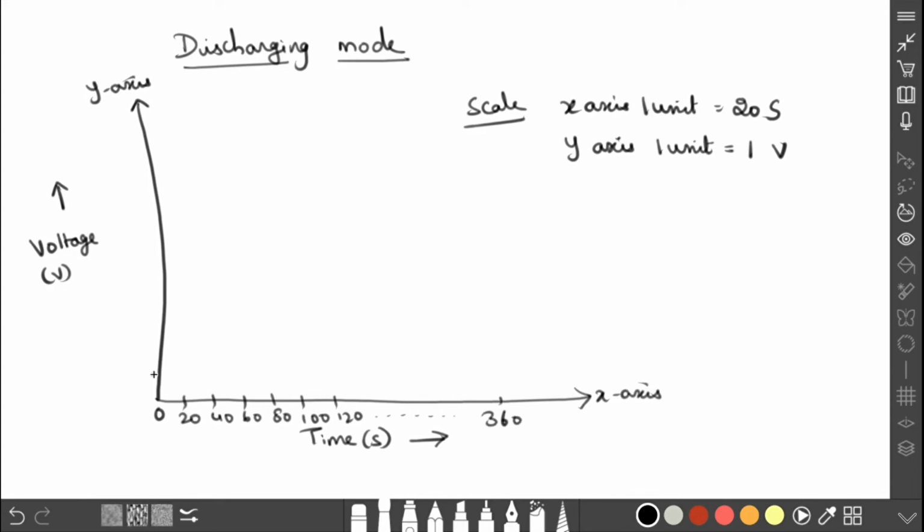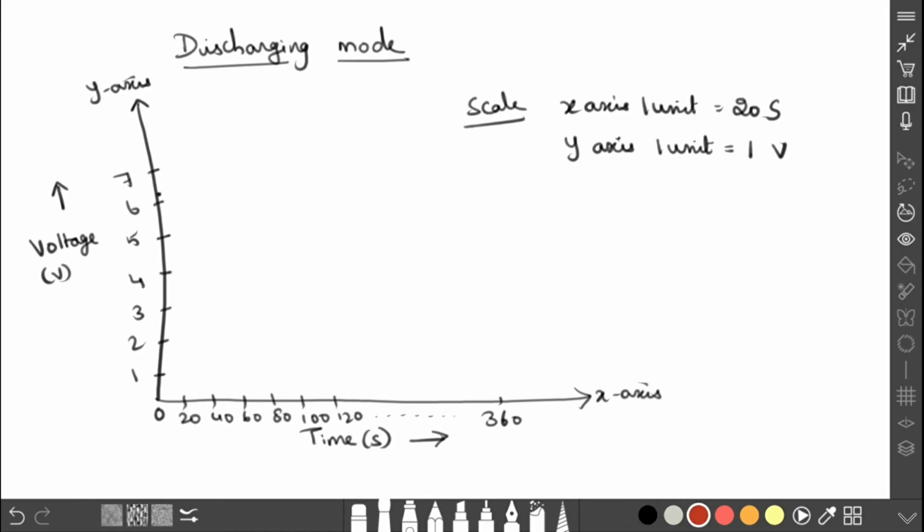And then on the y-axis 1, 2, 3, 4, 5, 6, 7, like that. Now after drawing this we have to plot the graph. The maximum value starts from 6.19.